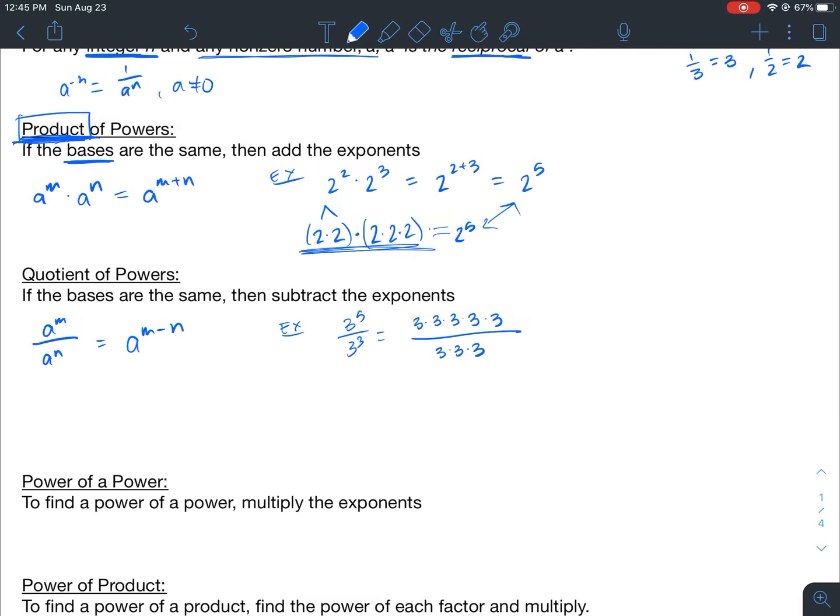Using the properties of multiplication and division, we can cancel out these 3's, those 2 and those 2 and those 2. We're just left with 3 squared, which was what we had down there. 3 to the 5 over 3 cubed is equal to 3 to the 5 minus 3, which is equal to 3 squared, and you can see that they're equal. That's an explanation of what's actually happening if we were to expand our exponents.